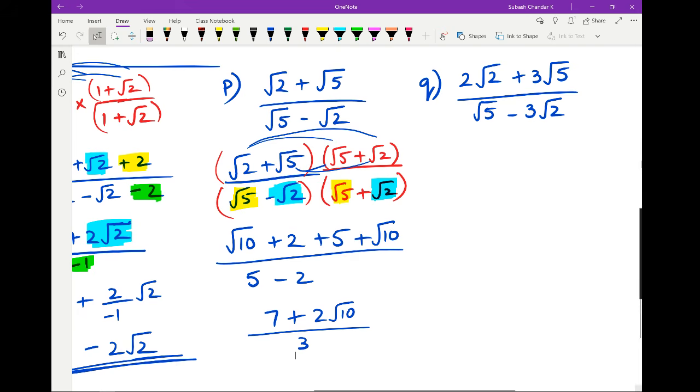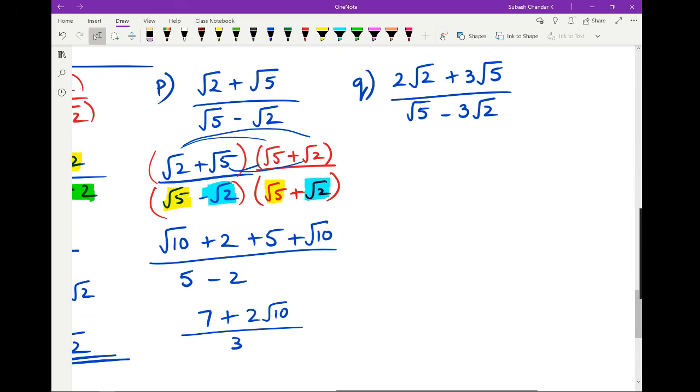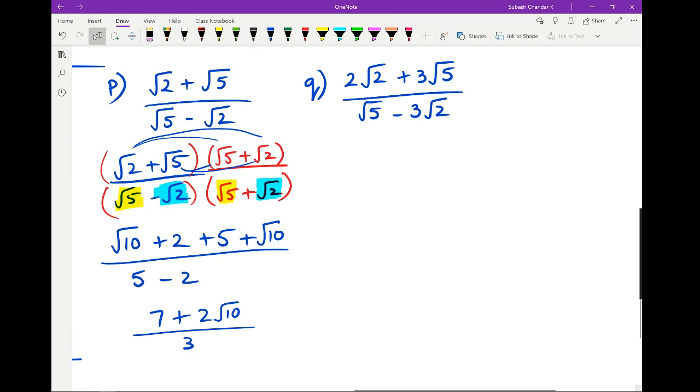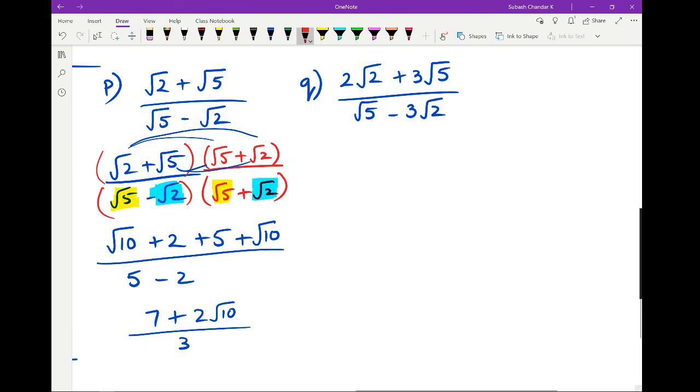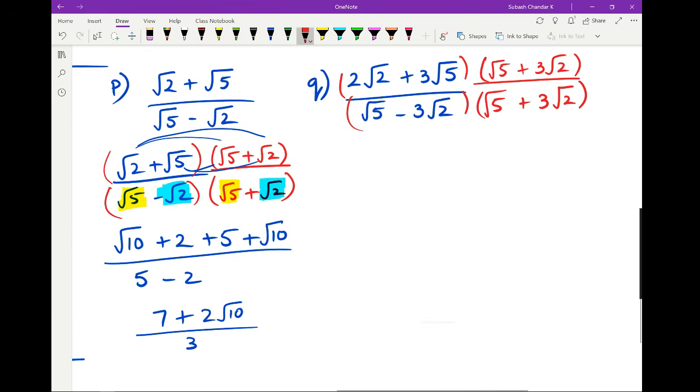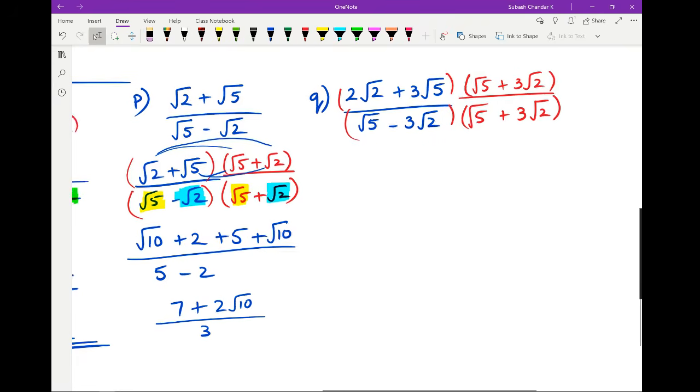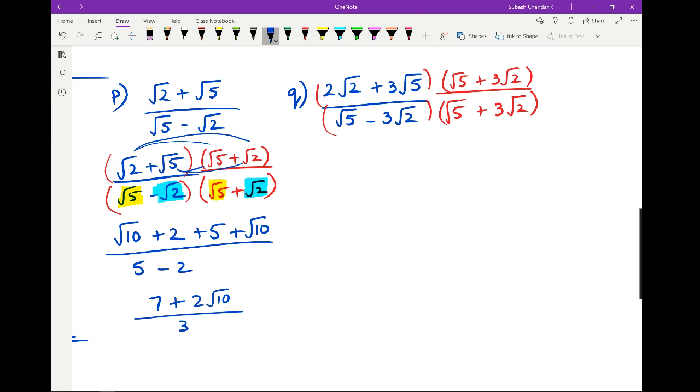Okay, now getting on to Q. Looks ugly, but we will try and figure it out. So we are multiplying by the conjugate, which is square root of 5 plus 3 square root of 2. I'm trying to leave the space here and work, but let's see how this goes.